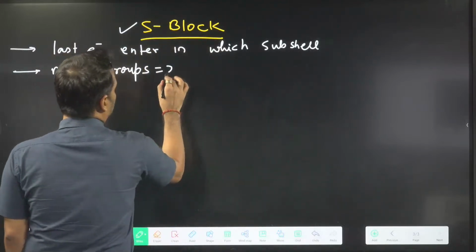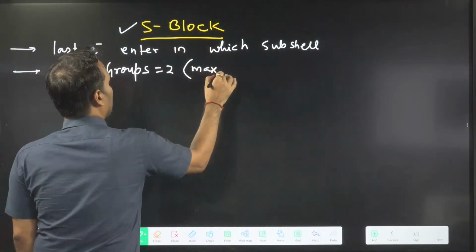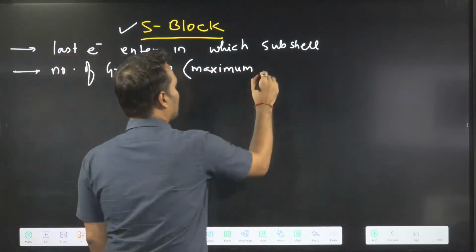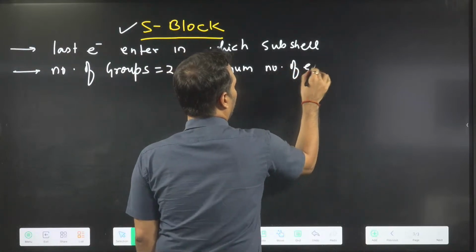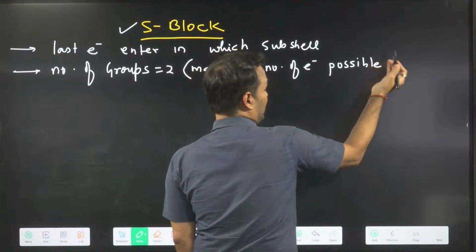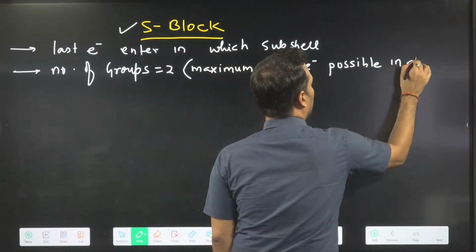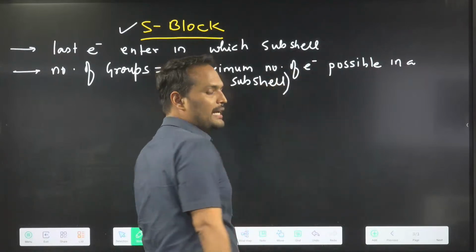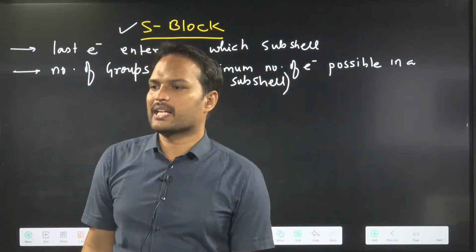Then they will ask how you come to know. Then we will say this is nothing else but the maximum number of electrons possible in a subshell. Like we can say, in S subshell, what is the maximum number of electrons?